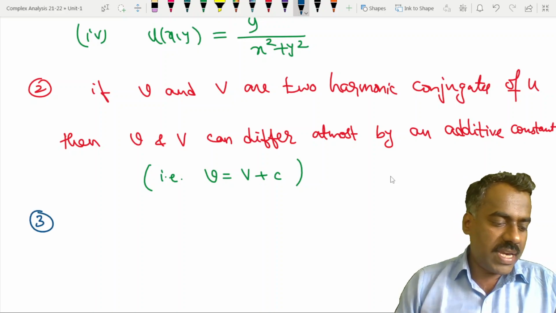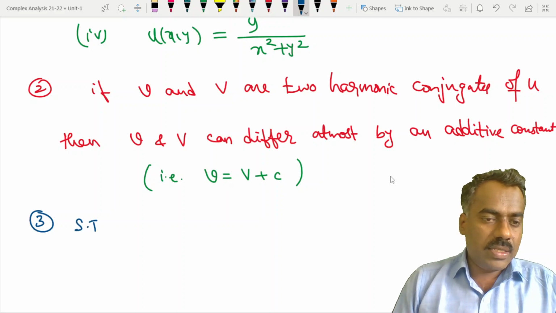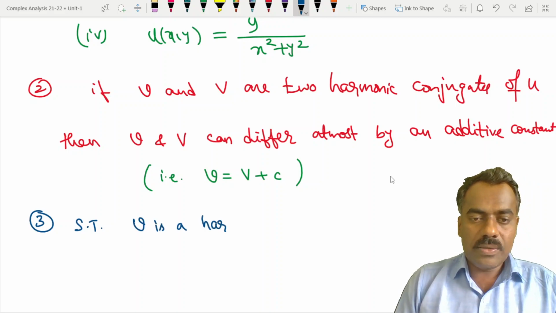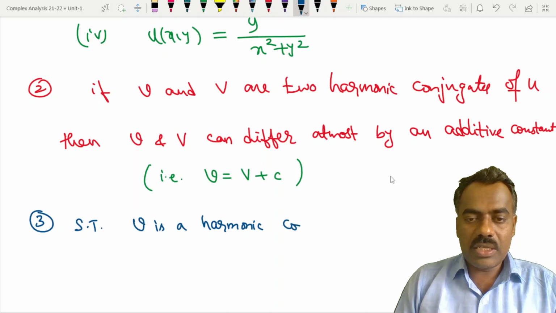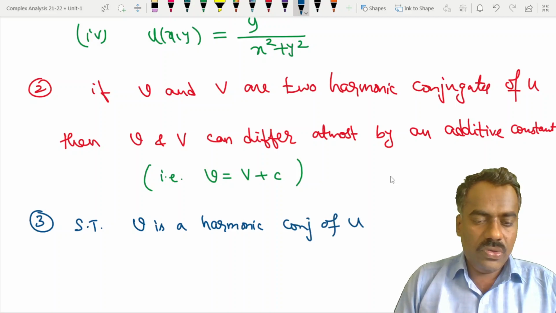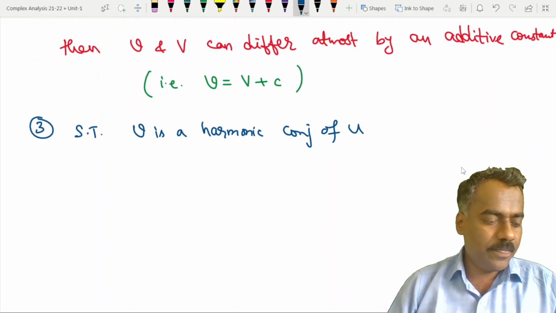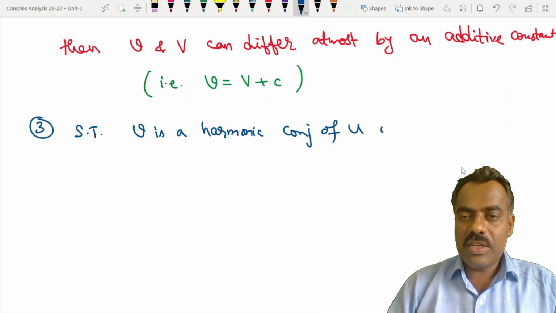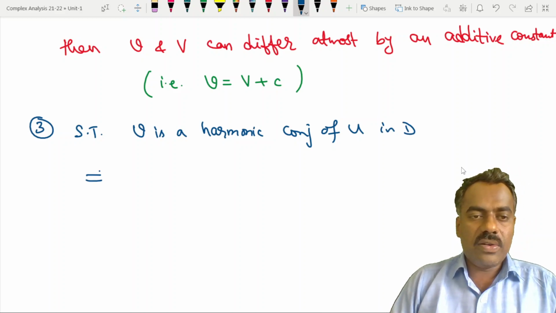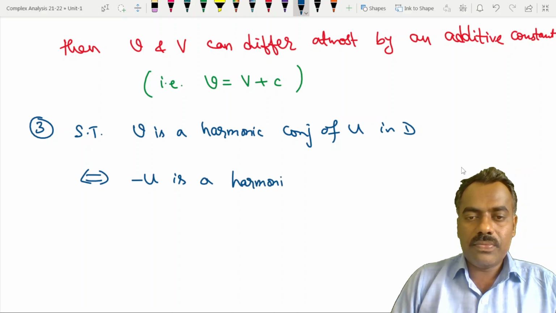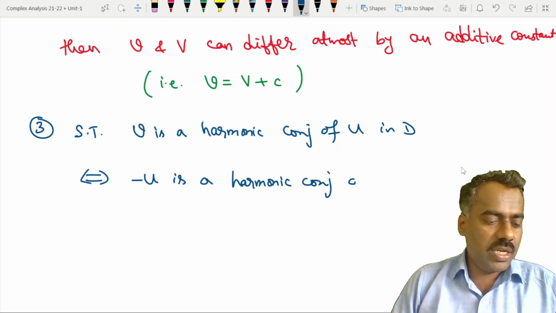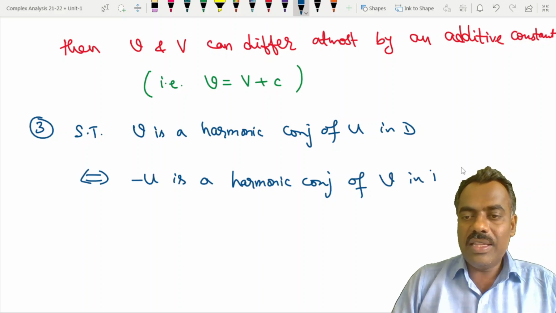Show that V is a harmonic conjugate of U, of course in a domain D, if and only if minus U is a harmonic conjugate of V in the same domain.